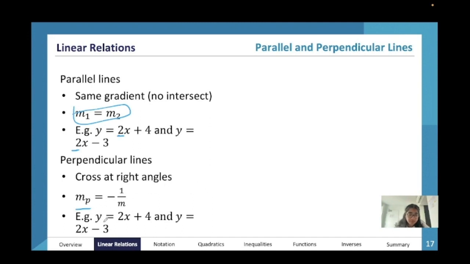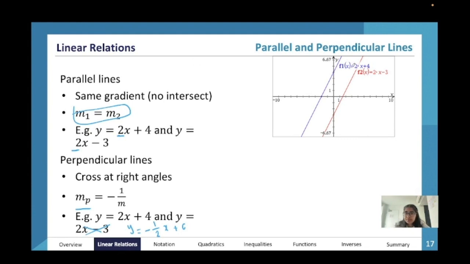For example, y equals 2x plus 4, y equals 2x minus 3. These are parallel, but to make them perpendicular, you go y equals negative 1 on 2 x, and then plus any constant, plus c. It can be anything.